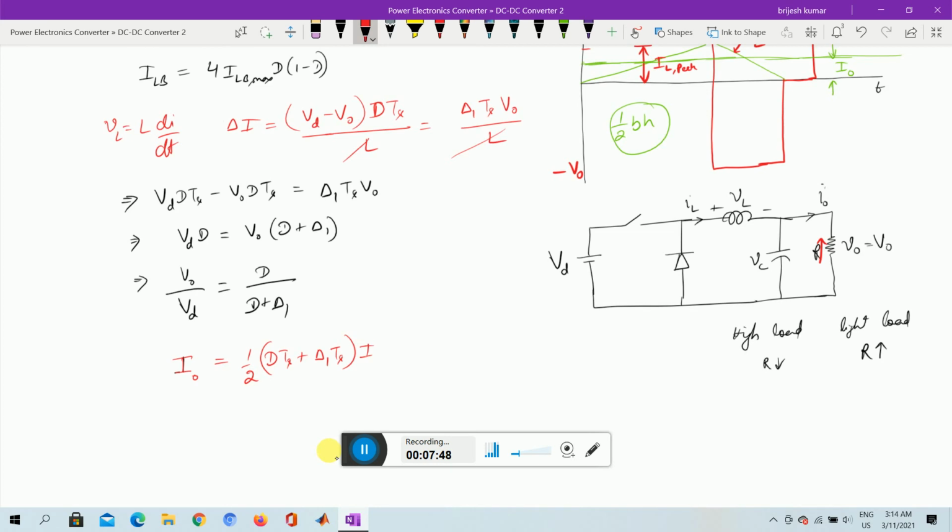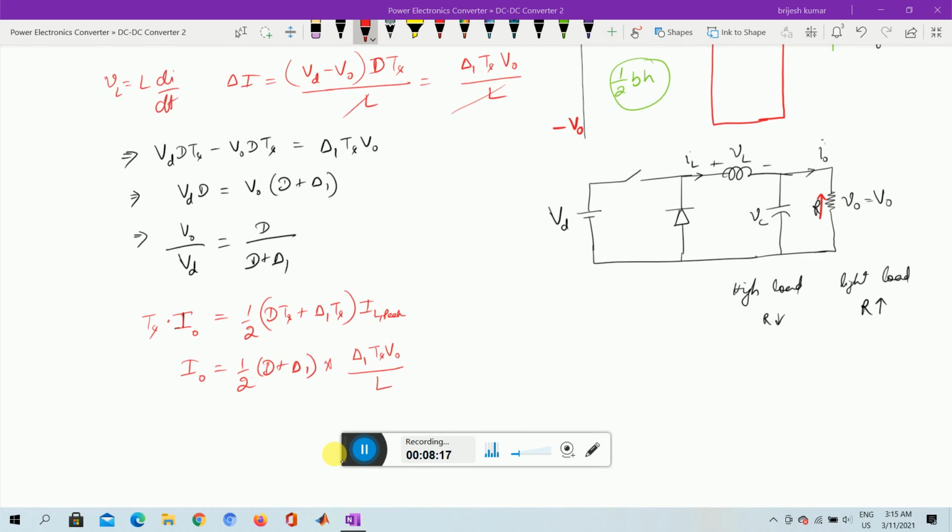So the highest value is IL peak, and this side is the area, and this side also is multiplied with Ts. So we can cancel the Ts and write I0 is equal to half (d plus del 1) into IL peak. IL peak is nothing but the del I total value. So we can substitute the value of del I here.